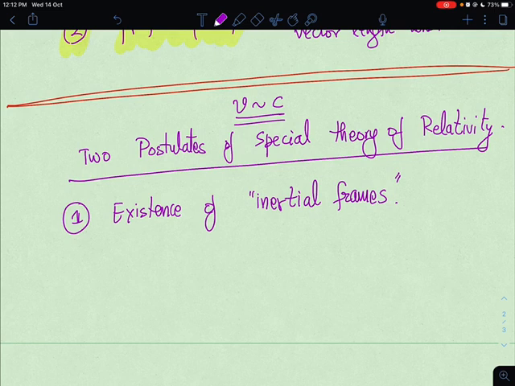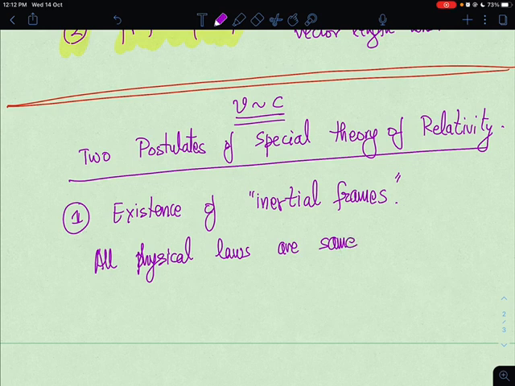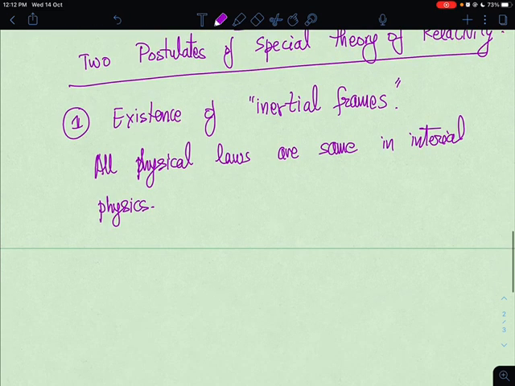Okay, all physical laws are the same in these inertial frames. This is a very important concept. So the physical laws will not change, say, Newton's laws or gravity. And all experiments should yield the same results.